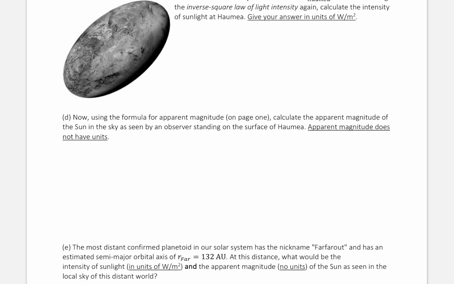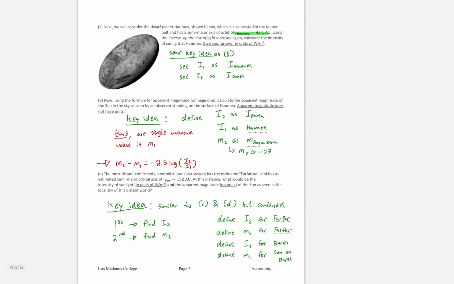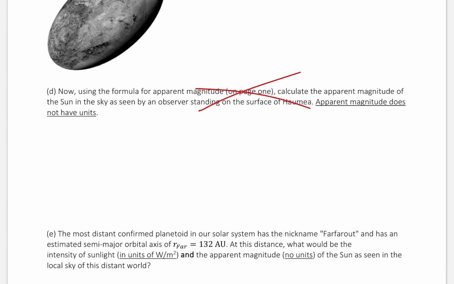So here we're going to use the same approach, but not those values. That's why I cross it out. Instead, we're going to use an intensity. So imagine that maybe you did some sort of similar approach where you knew some distances, or maybe you're just given intensity.